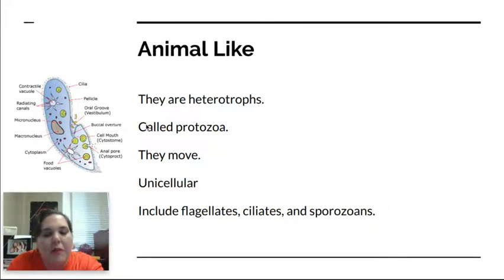When I say that they're heterotrophs, remember that means that they eat other things. So they eat plants, bacteria, protozoans, those kinds of things. This particular animal-like protozoan has what we call an oral groove. You can see in these animal-like protozoans that they do have primitive mouth and digestive organs.